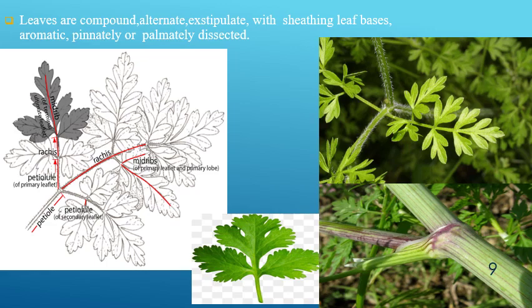The leaf petiole is broadened with a sheath surrounding the stem at the base of the leaf. And these leaves, due to the presence of different aromatic compounds, produce aroma.